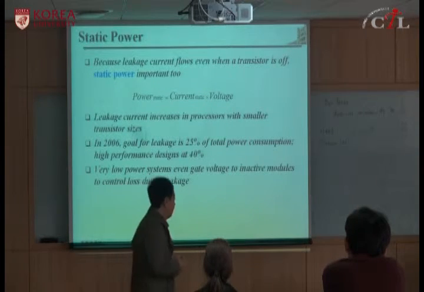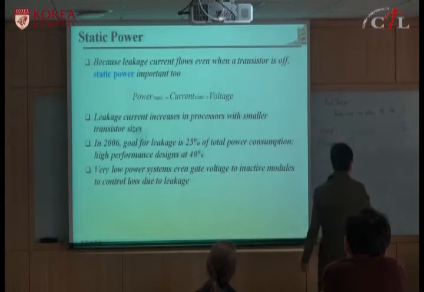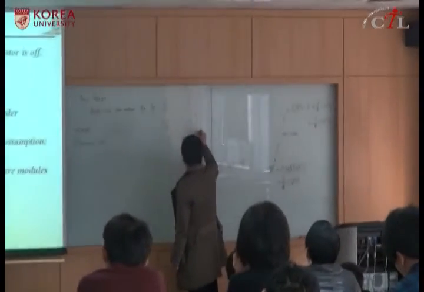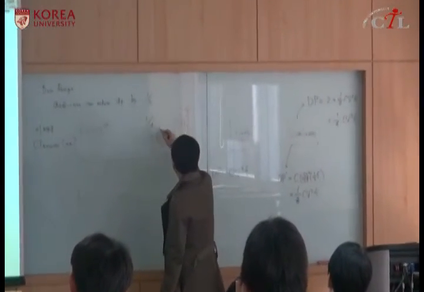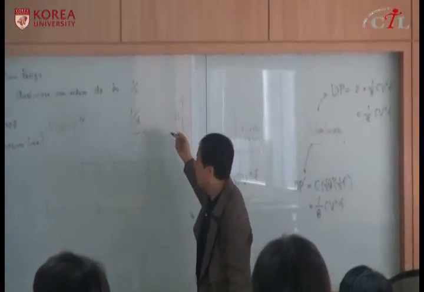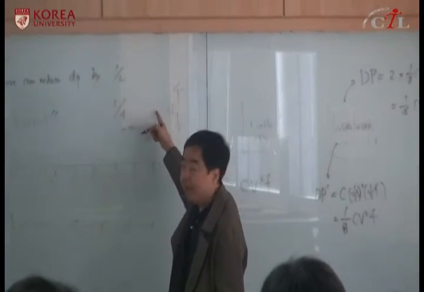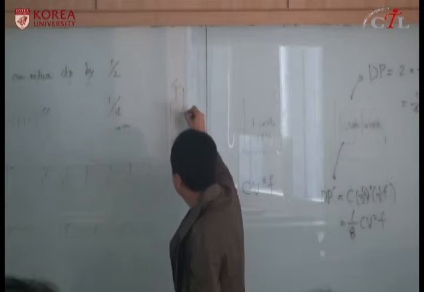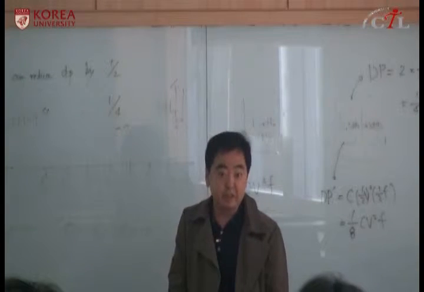You can view this transistor as a switch. For example, for an NMOS transistor, if the gate is high, then you turn on the transistor. Then the current flows from VDD to ground.